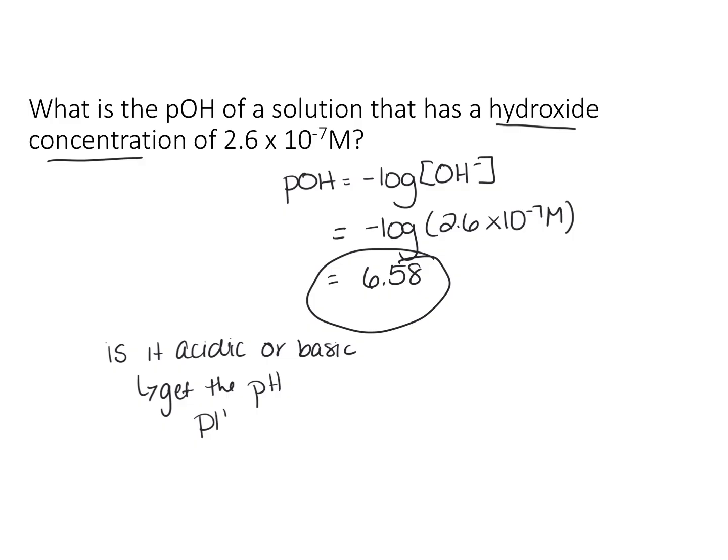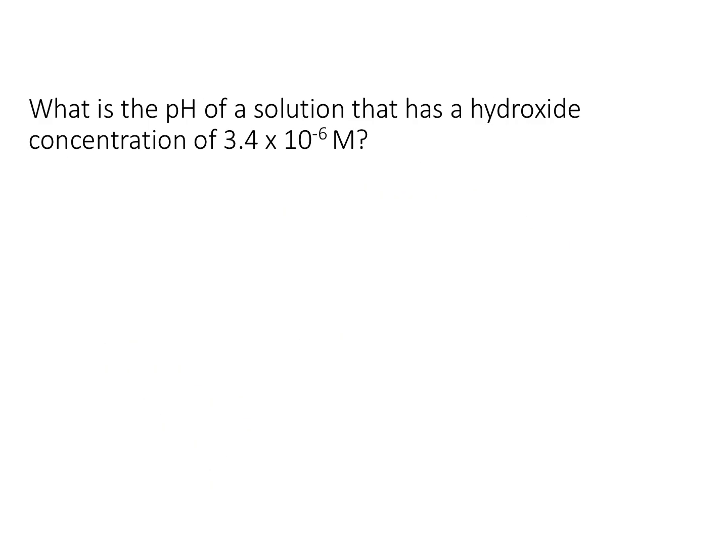So to get the pH, we would just take 14 and subtract 6.58, and that would give us 7.42, and so this is a basic solution, right? Slightly basic.